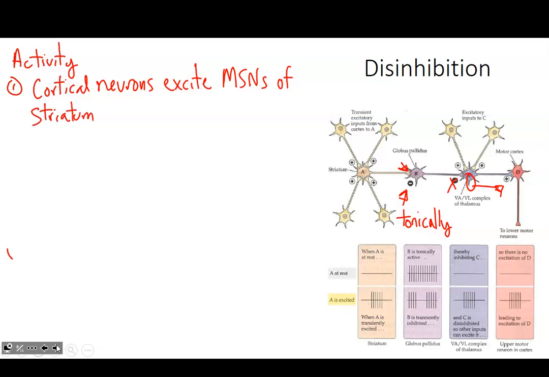And these neurons release GABA onto neurons of the globus pallidus.